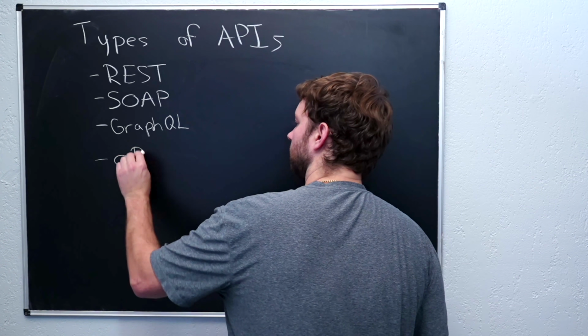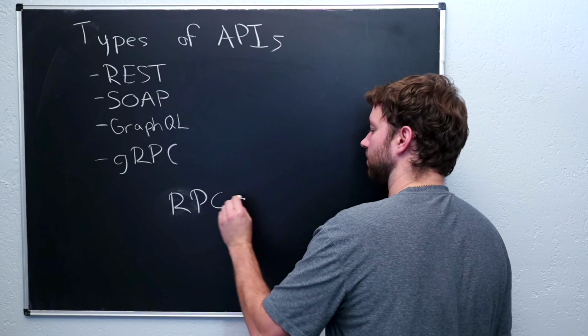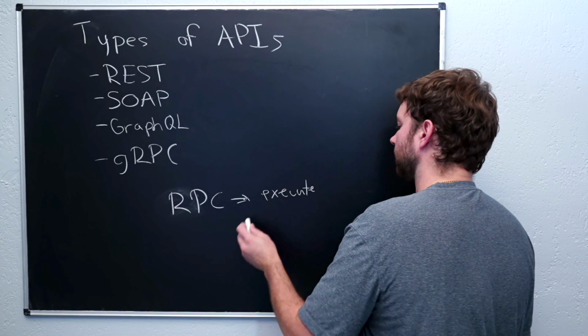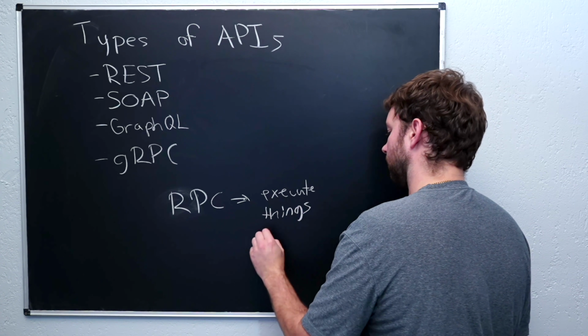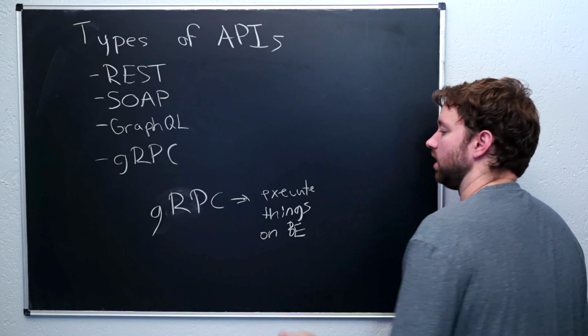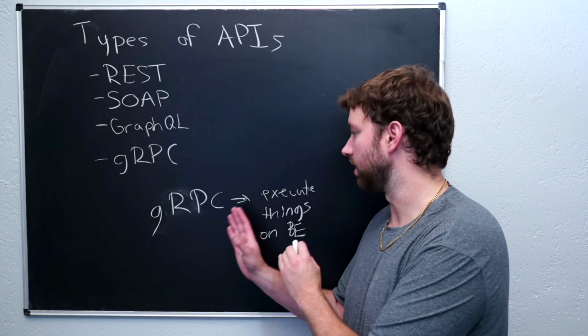Next up, we have gRPC. Now you may have heard of RPC before, which is Remote Procedure Call. You can think of this as a way to execute things on the back end. But when we prefix it with G, this is a specific protocol, the Google RPC protocol.